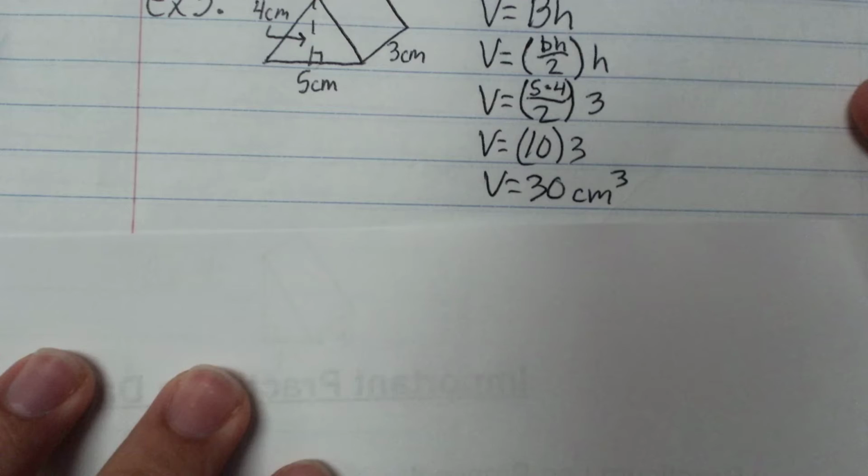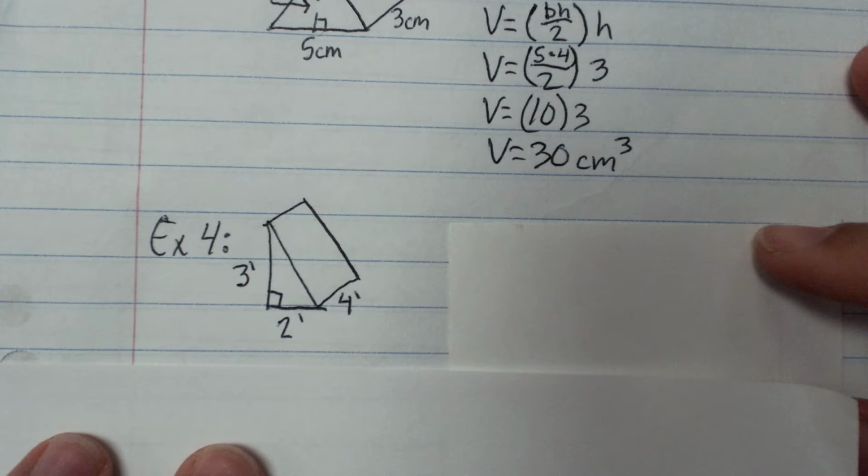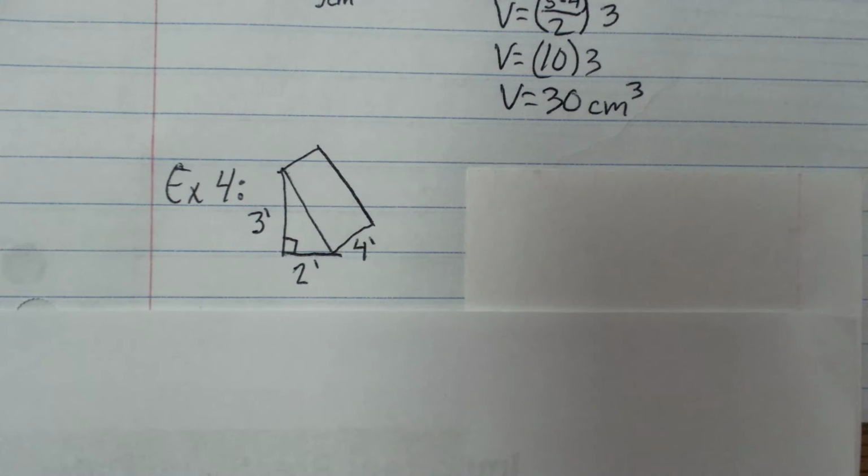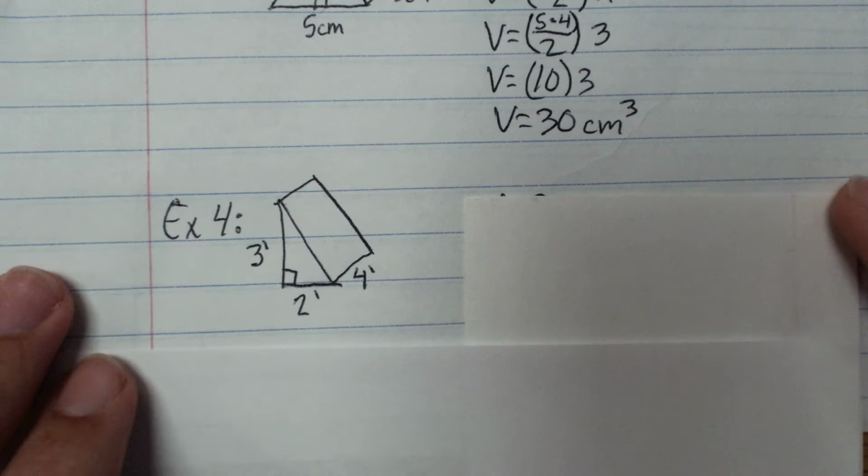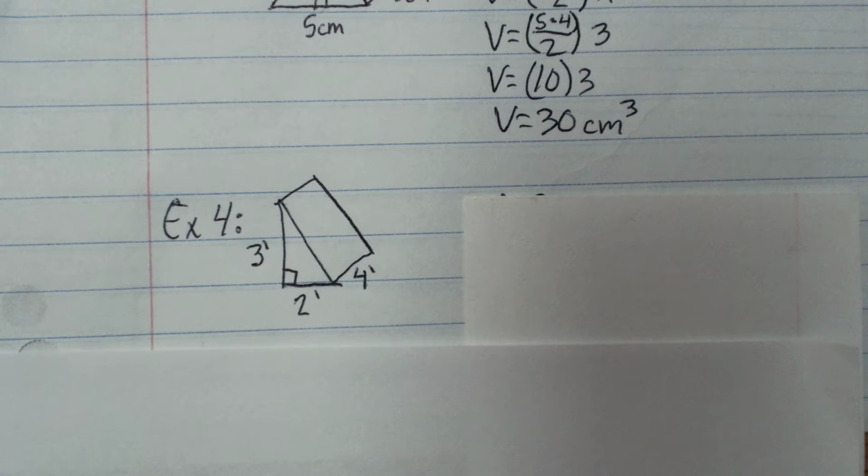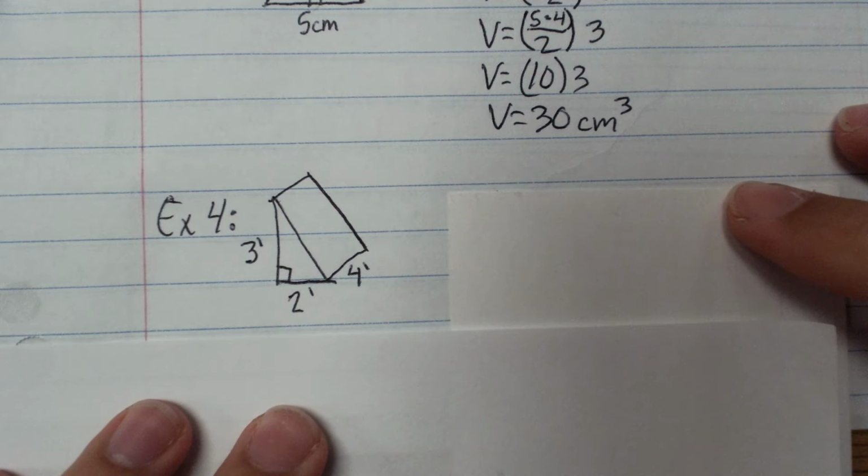Okay, moving on, we're going to do this one right here. Go ahead and pause this video and see if you can figure this one out yourself. It is just like the one up above it. If anything, it's even a little bit easier because you don't have to go searching for that height. So base times height again.